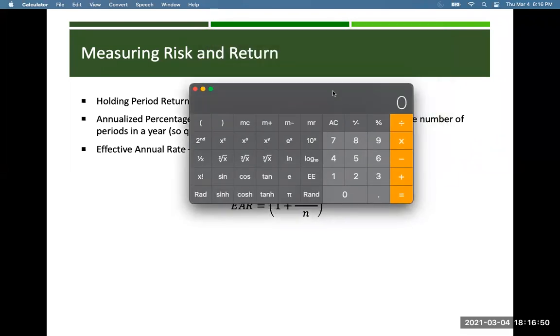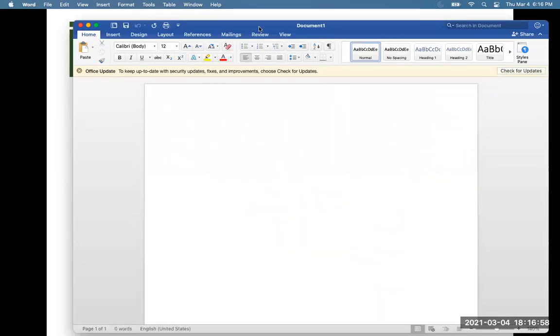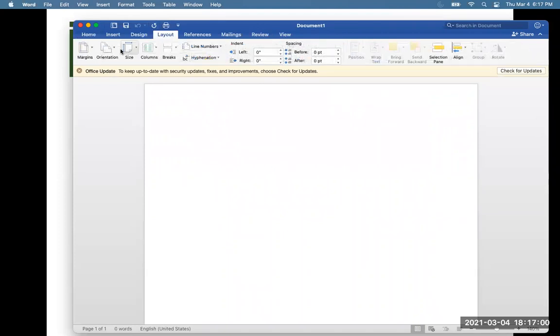So if I say, okay, let me put it in a Word file. An investor has a product which pays 6.25% APR but it compounds monthly.